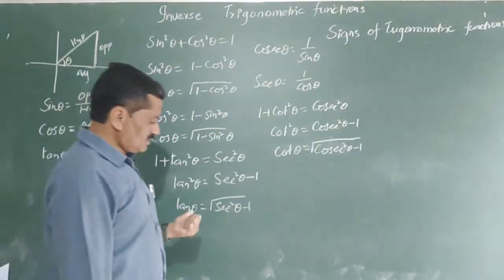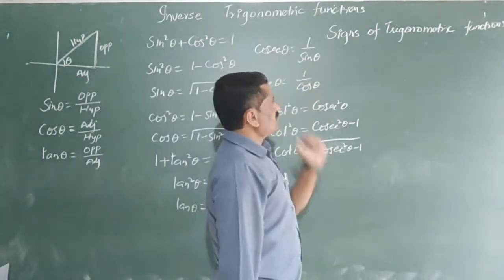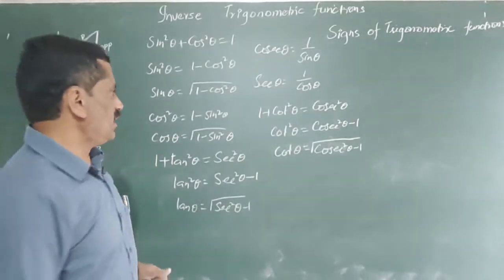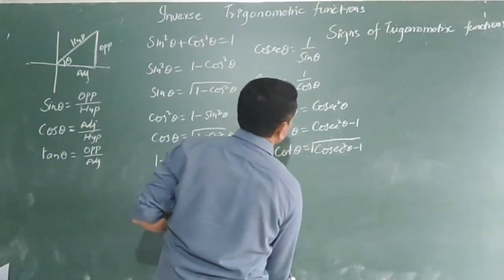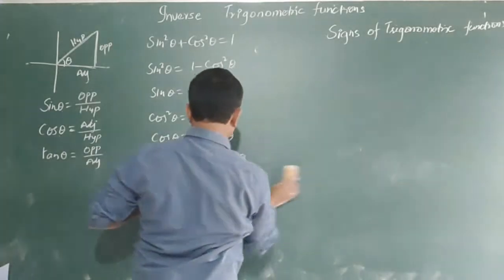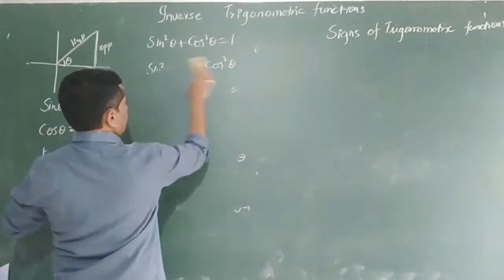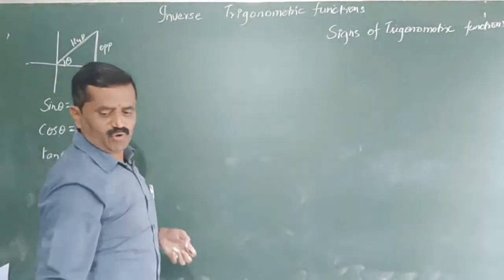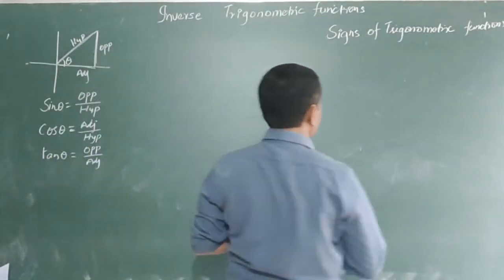Other than that, we have signs of trigonometric ratios, that is, trigonometric functions. This is very important. We have a Cartesian coordinate system.